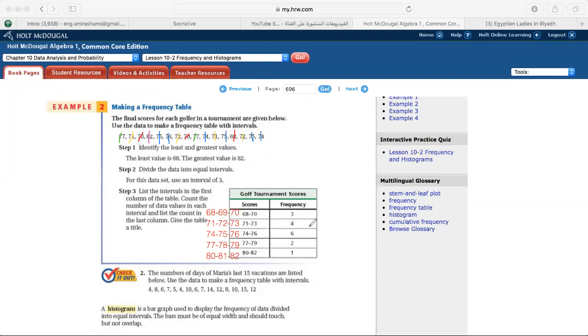Okay, girls, this is how I make a frequency table. Now, how do I make a cumulative frequency table?